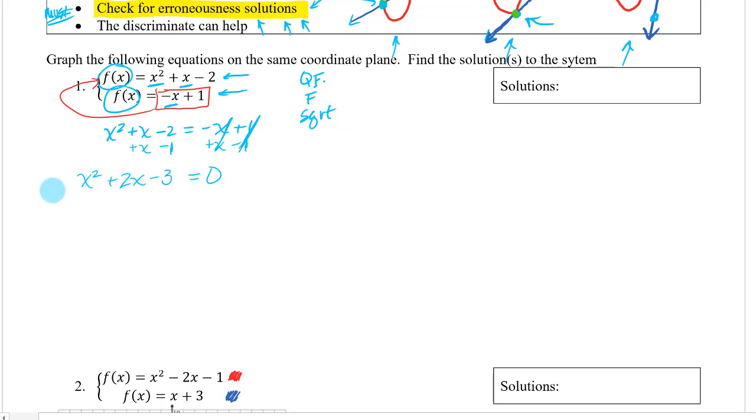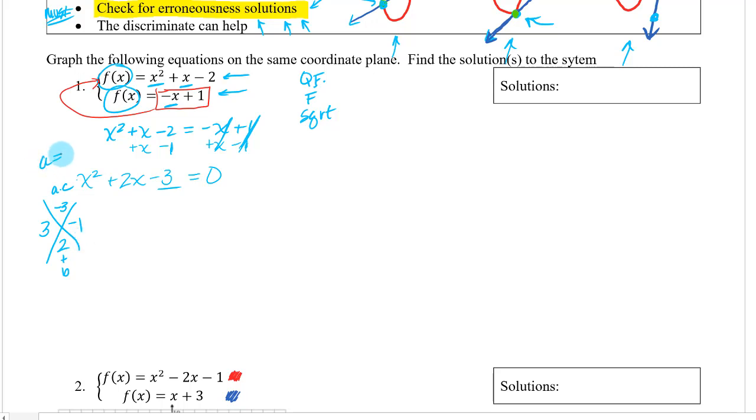This looks like it might be factorable, so I'm going to go ahead and put up an x. And my x goes a times c and then sums to b in the bottom. So a times c is 1 times negative 3, or negative 3, and I have to sum to 2. Is that possible? If it is, this is factorable. I believe it is. If I take a positive 3 and a negative 1, they're going to multiply to negative 3 and add to positive 2, which means that this is factorable.